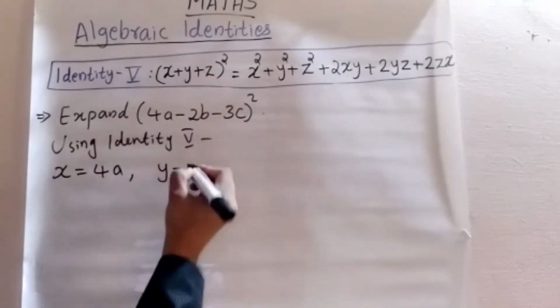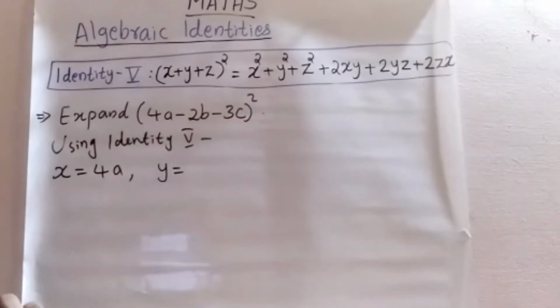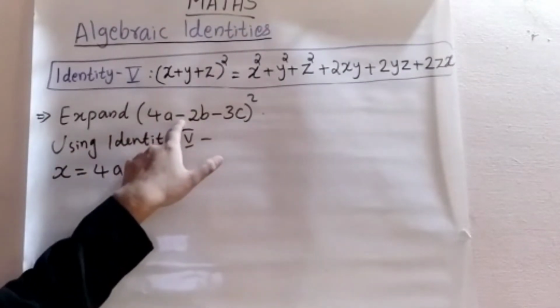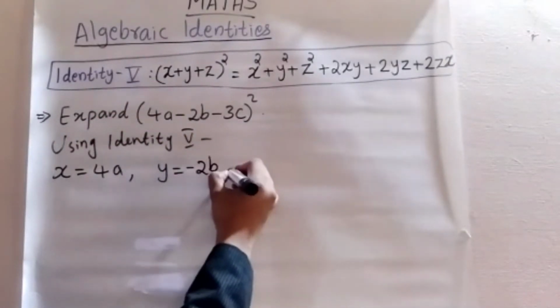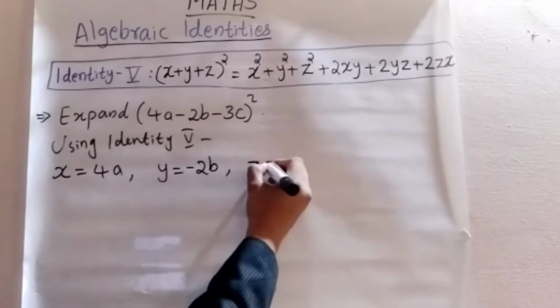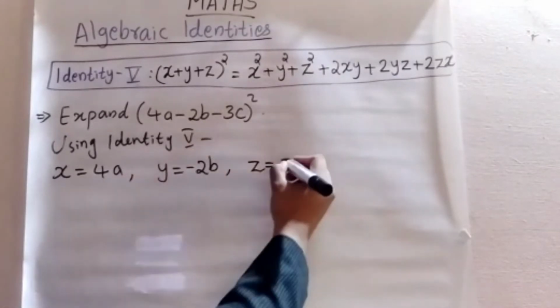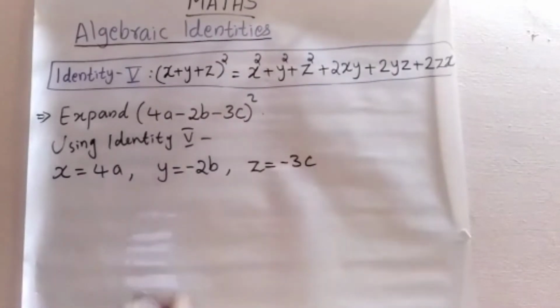Y is equal to what? Is it 2b? No, there is a minus sign here, so y is minus 2b. Then z is equal to minus 3c.